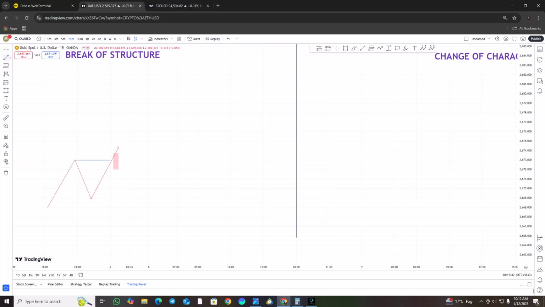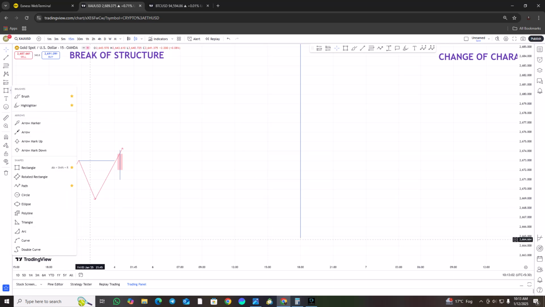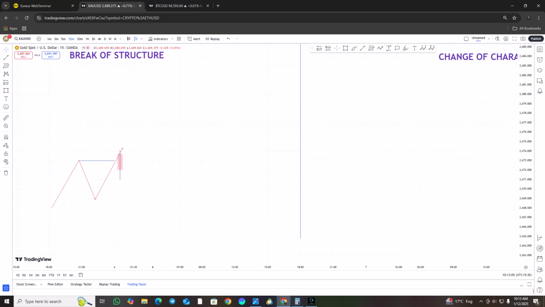A body close like this, which is exactly near the high of the market, the previous high of the market. When it's going up again, we need a body close. When it retraced and moves back in the same direction the market is going, so this is uptrend, we have to look for a body close.